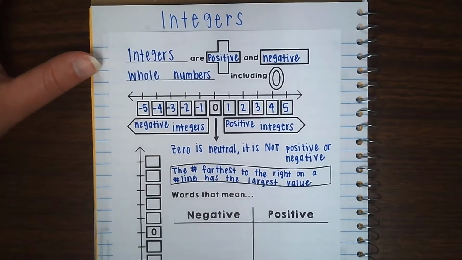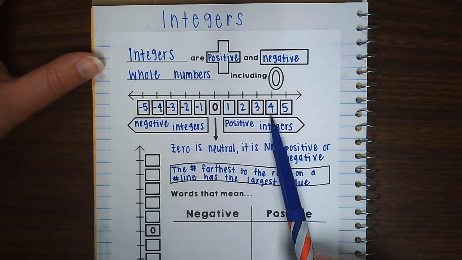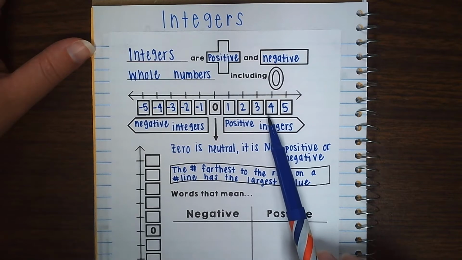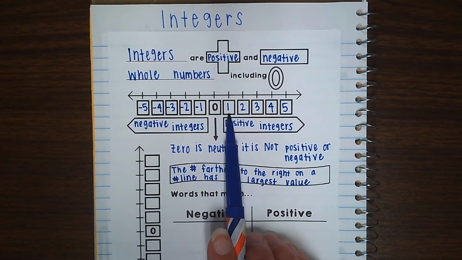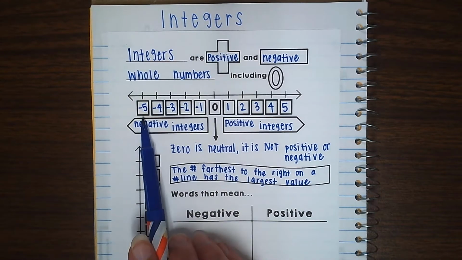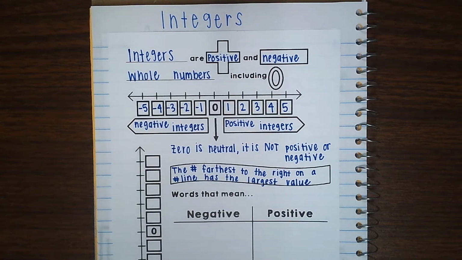And you can see what that means. 5 is greater than 4. 5 is to the right of 4. That also means that 1 is greater than -5 because 1 is farther to the right.